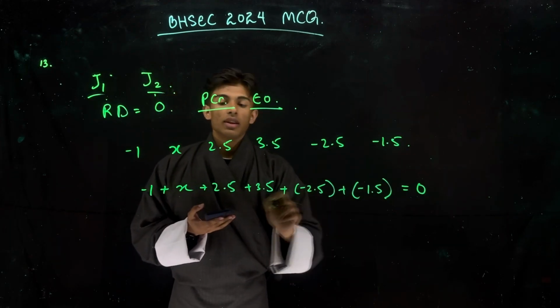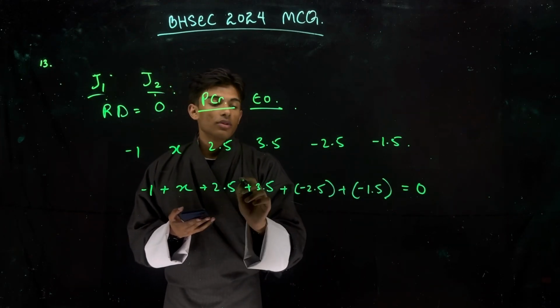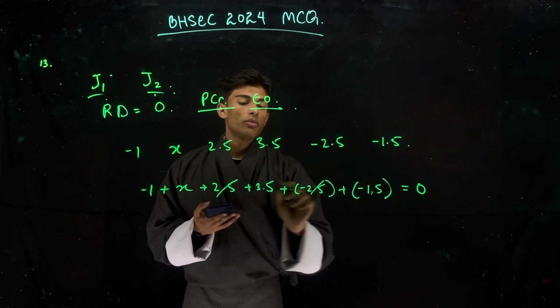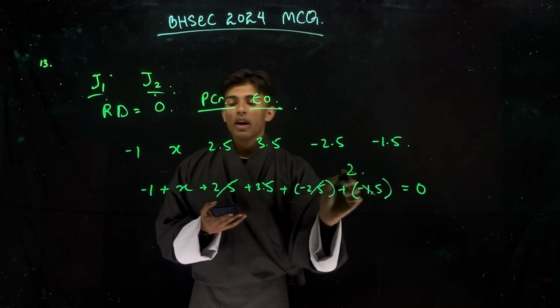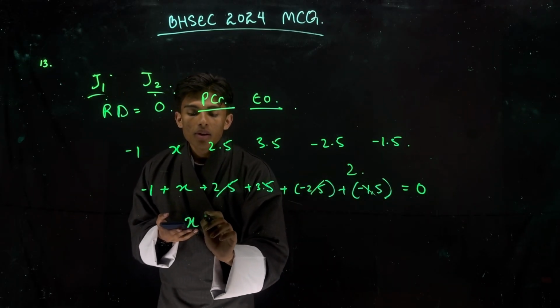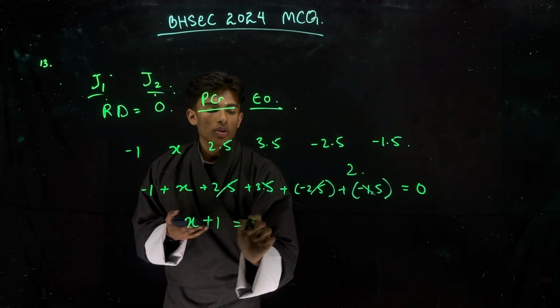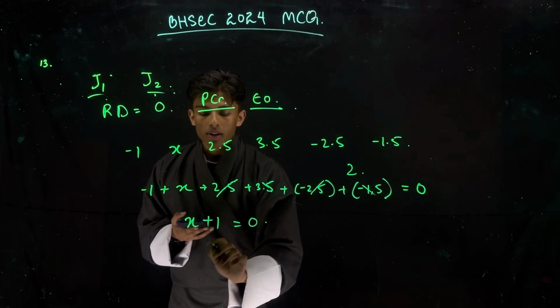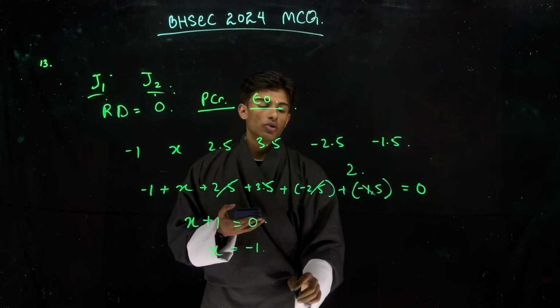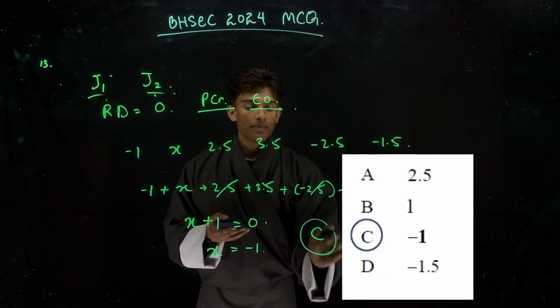Solving for the rest, leaving out x, we have 2.5 and -2.5 cancelling out each other, 3.5 minus 1.5 giving us 2, and 2 minus 1 gives us x plus 1 equals 0. And therefore, we get x equals -1 and our answer choice being C.